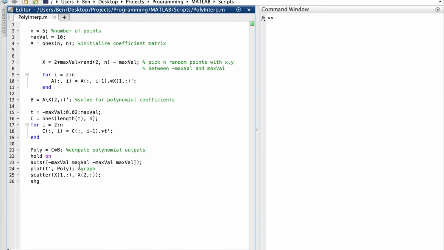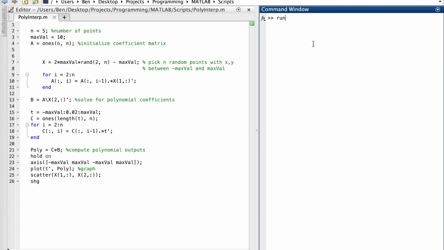It's going to graph our final polynomial along with the points that it interpolates, and it's pretty straightforward. Like I said, the great thing about doing this on a computer is that you can do much more intense problems this way. Scalability.